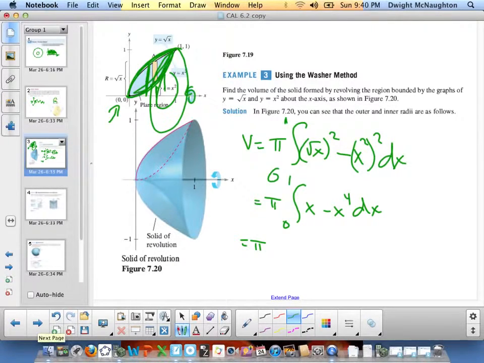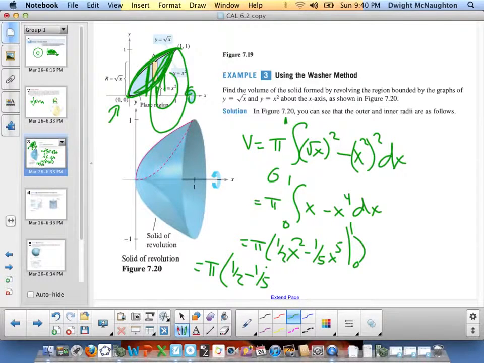As we integrate, we will have 1/2 x squared minus 1/5 x to the fifth from 0 to 1. And so we'll end up with pi times 1/2 minus 1/5, or 5/10 minus 2/10, which is 3 pi over 10.